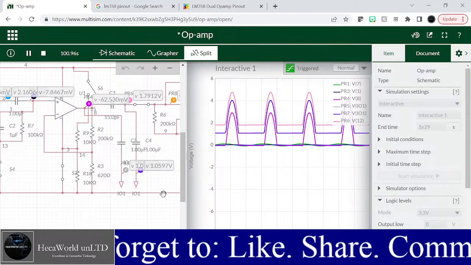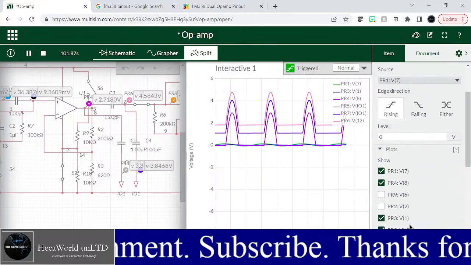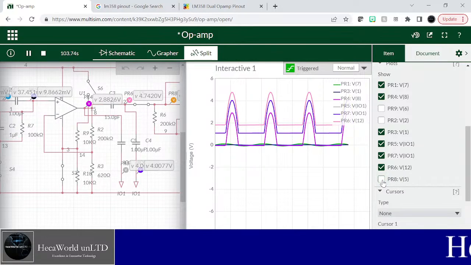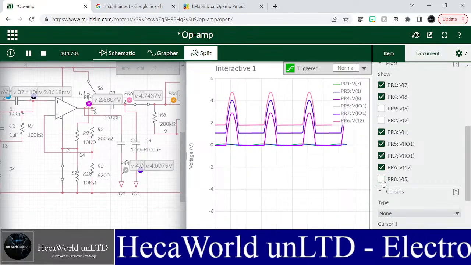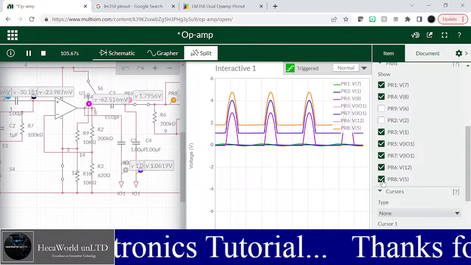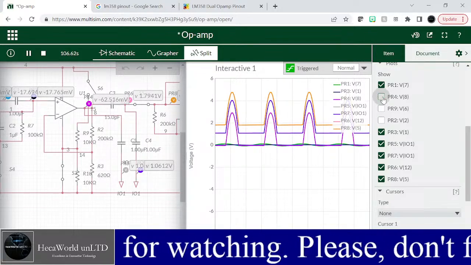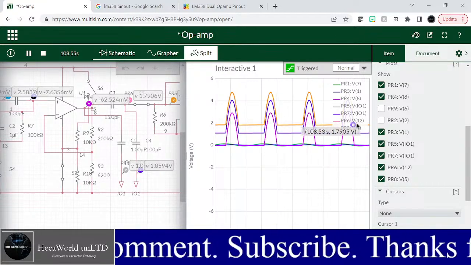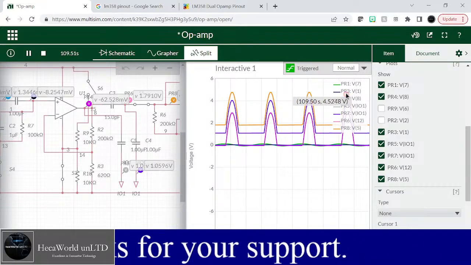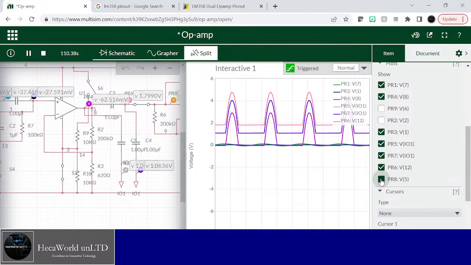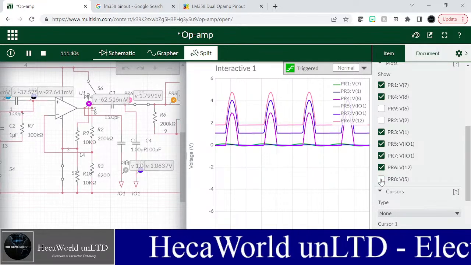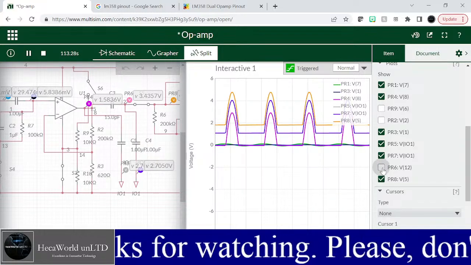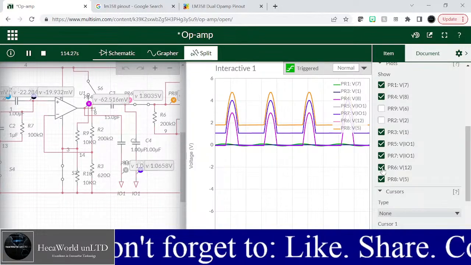So then let's look at 8. Probe number 8. It seems that 8 and 4 are the same. Let's see. Let me turn off 4. No, not that. 8 is this one here, and 8 and 6 are sitting on the same spot.